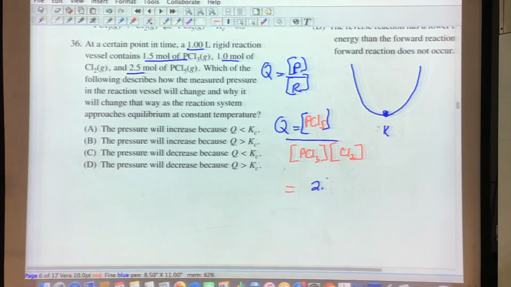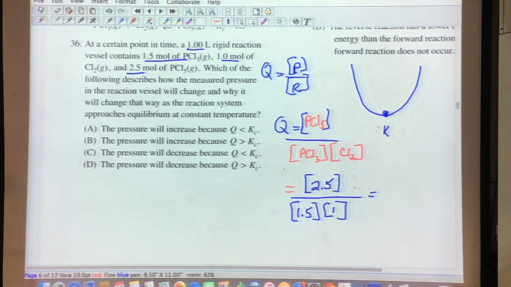Mr. Grotsky, it's moles, how do you do molar? Well, it's moles over liter, so it's the same thing. So 2.5 goes on top. On the bottom, I have PCl3, and that's 1.5, and I'm timesing it by my Cl2, which is 1. Tough math here. So 2.5 divided by 1.5 times 1, hopefully everyone will see it's 2.5 divided by 1.5.